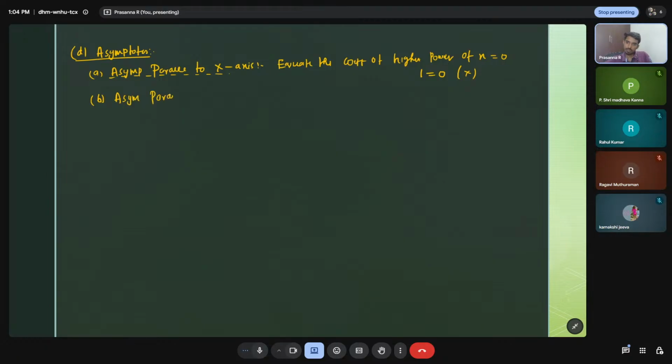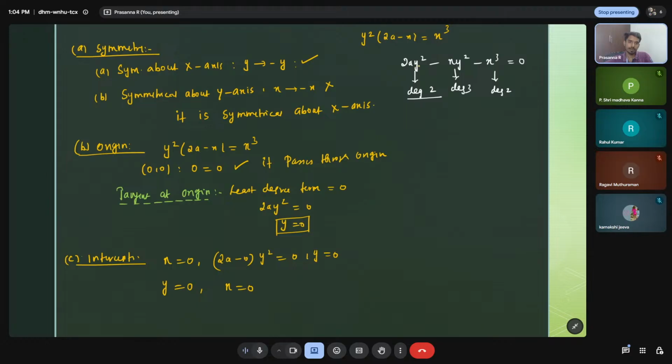So asymptotes parallel to y-axis. Equate the coefficient of highest power of y to be equal to 0. So highest power of y is y square.